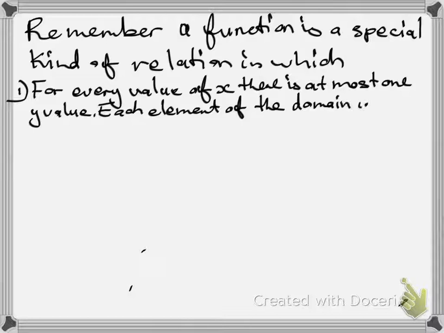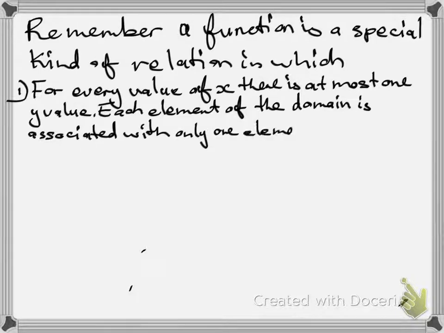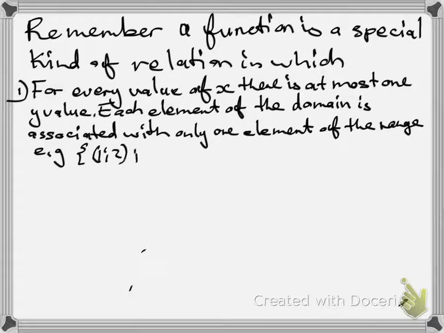So the one domain element should be related to at most 1. The moment it becomes more, then you know that it's not a function. So for every value of x, there is at most 1 y value. Each element of the domain is associated with only one element of the range.